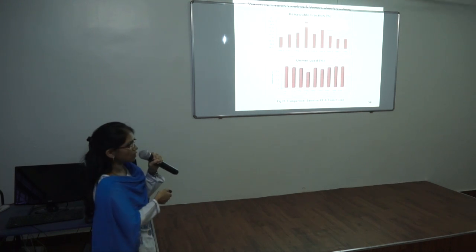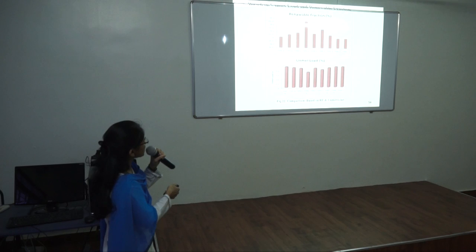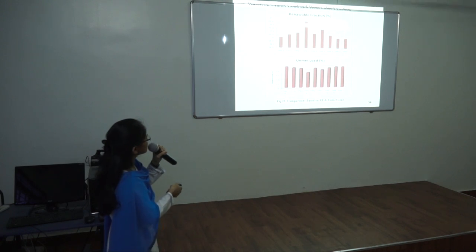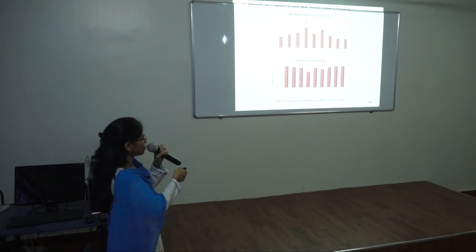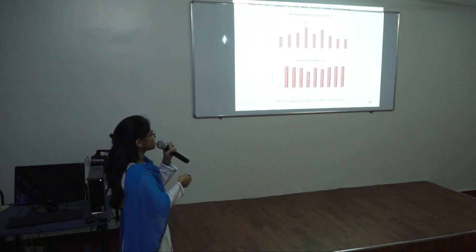Looking into the values of unmet load, type D recorded the minimum unmet load, which is above 0.6% but below 0.8, with the renewable fraction above 99.25%. And it is chosen as the winner of the optimization.